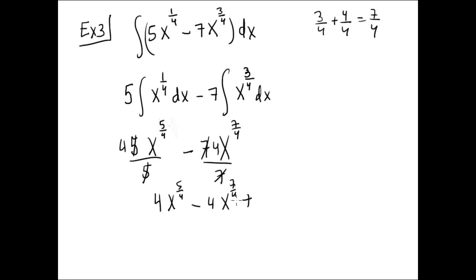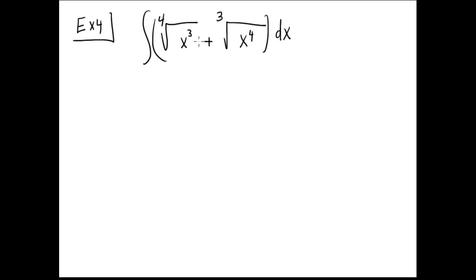And don't forget, please, the arbitrary constant c. Beautiful. This is the answer. Nice. 4 x raised to the 5 over 4 minus 4 x to the 7 over 4 plus a constant c.